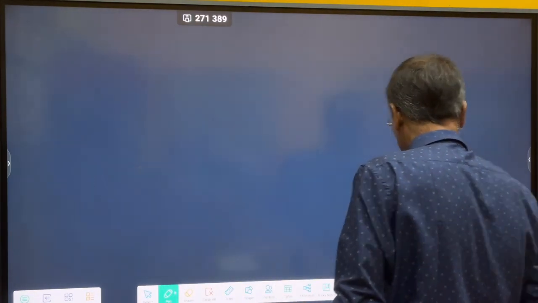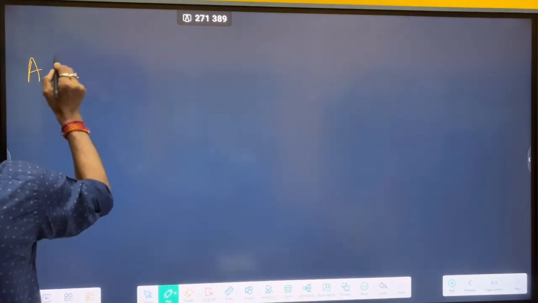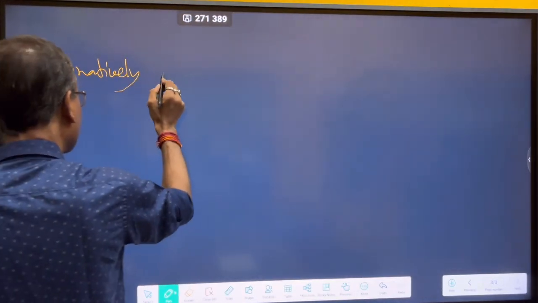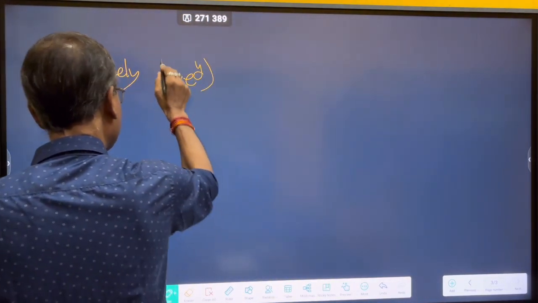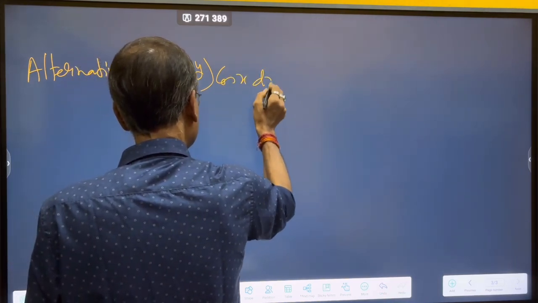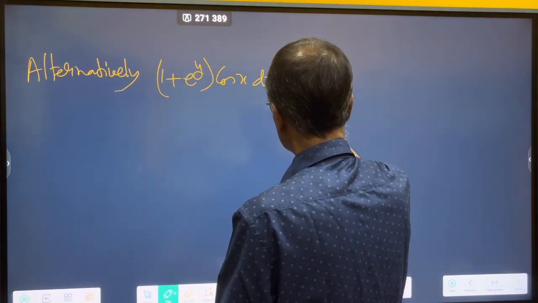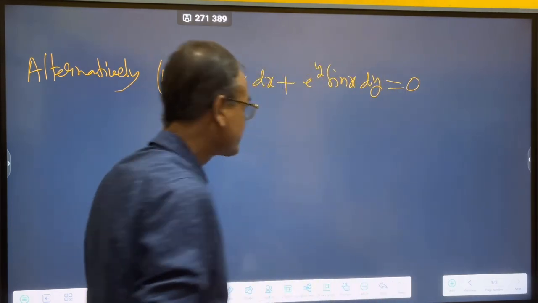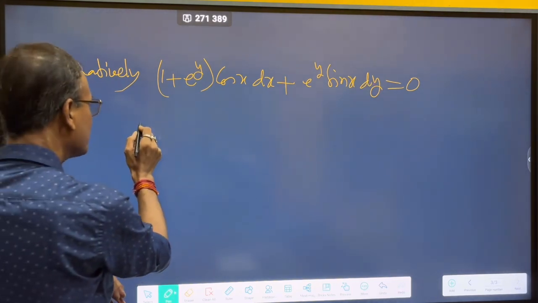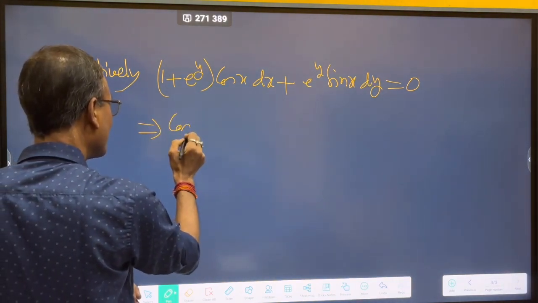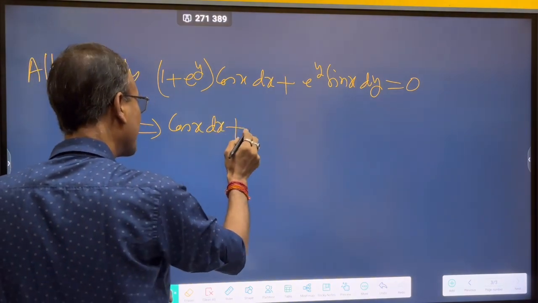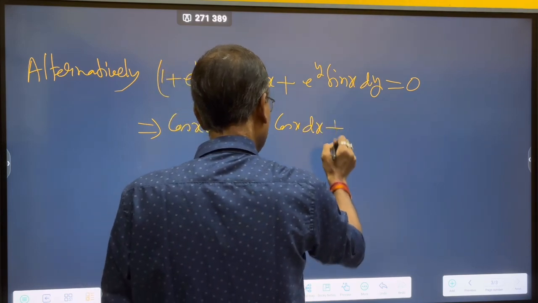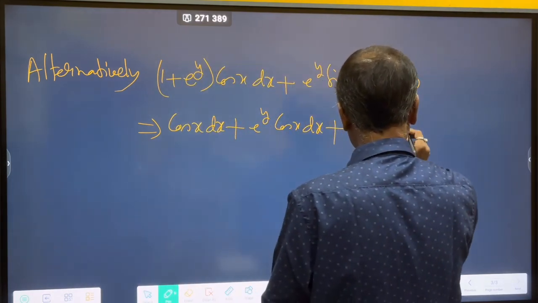Alternatively, suppose (1 plus e to the power y) cos x dx plus e to the power y sin x dy is equal to 0. This can be written as cos x dx plus e to the power y cos x dx plus e to the power y sin x dy.